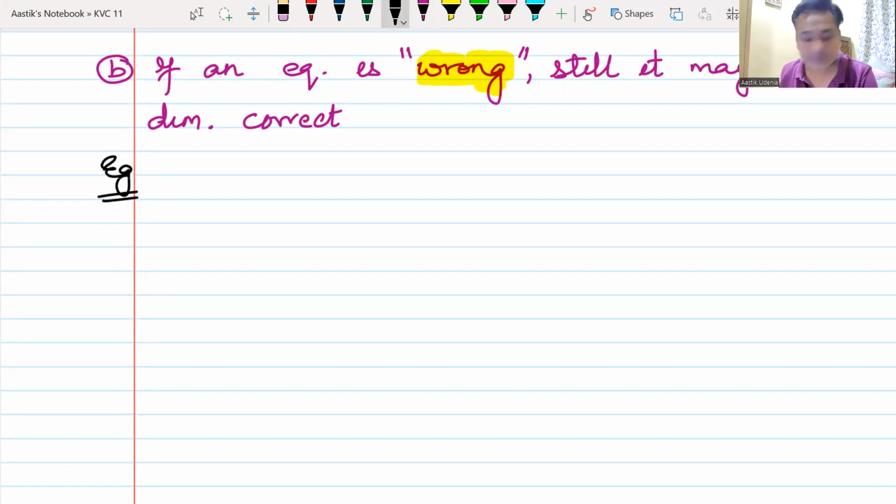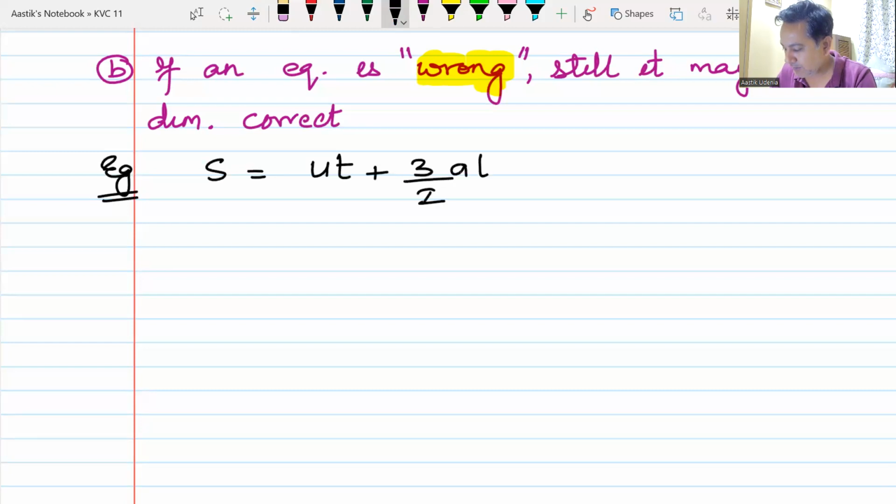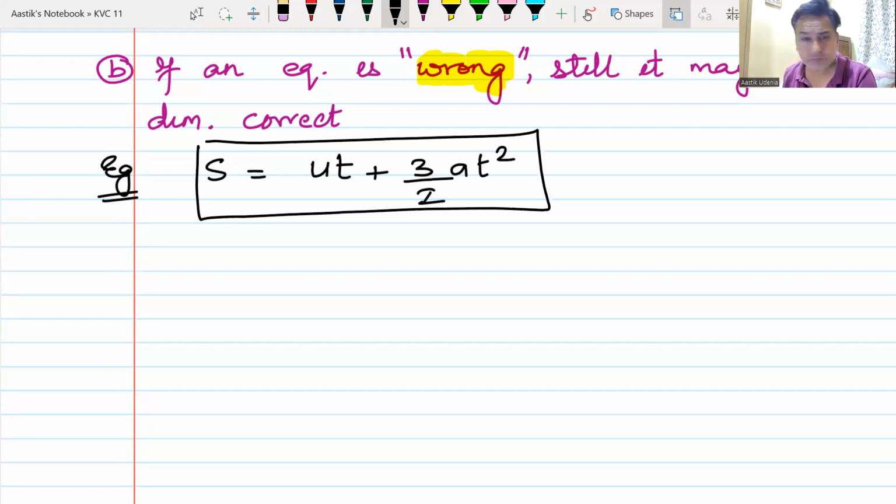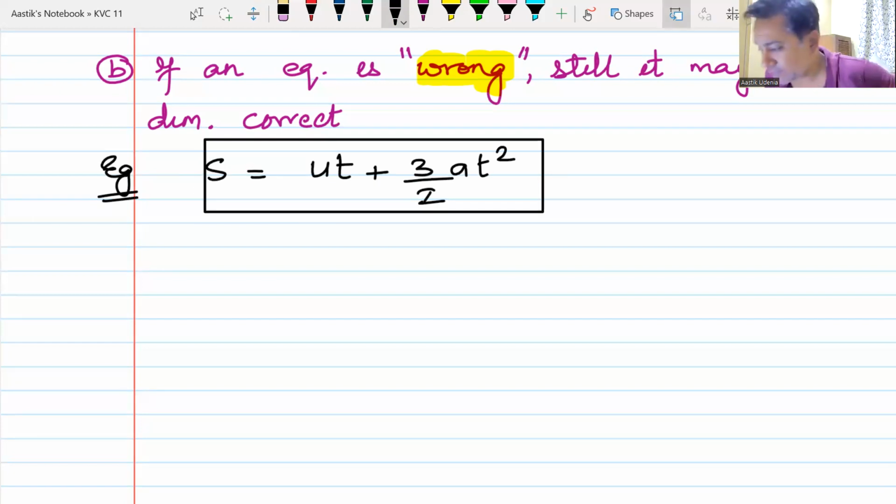Example. And I go back to the same example. S is equal to UT plus 3 by 2 AT square. And I ask you, my dear friends, is this equation correct?